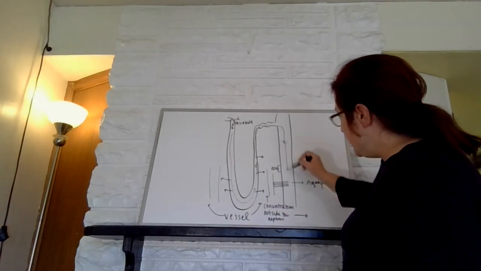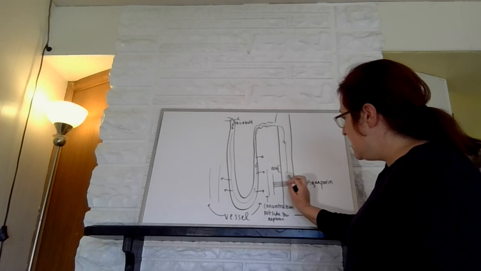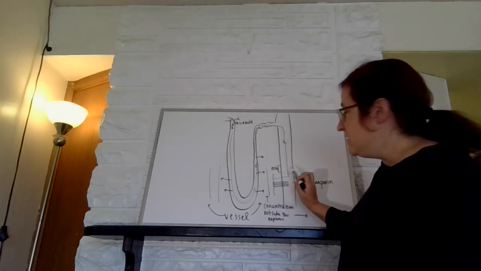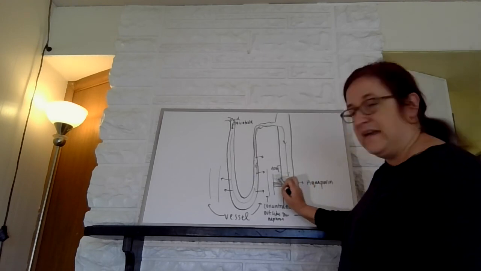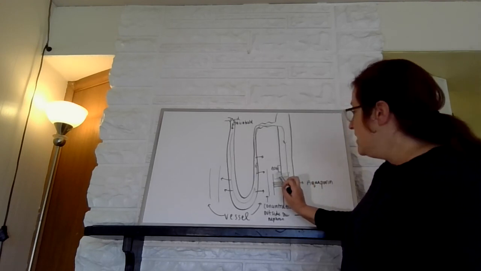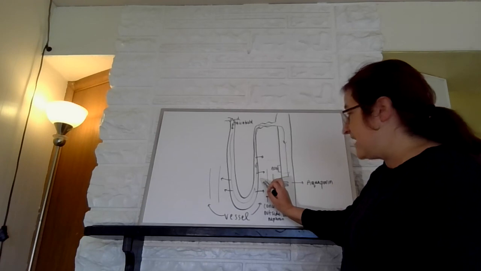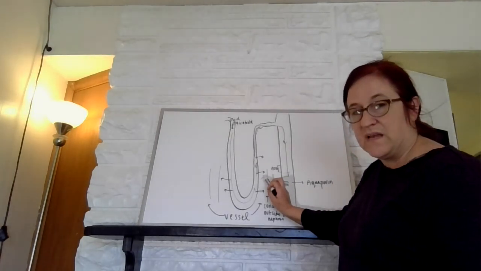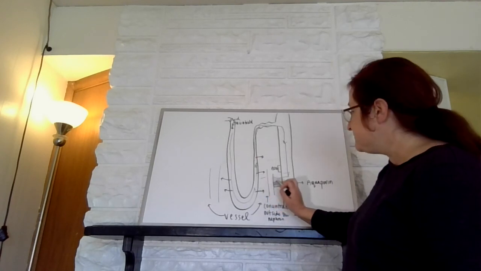So down this way, there will be a pressure difference between the collecting duct and the interstitial fluid next to this nephron, where the solutes are being reabsorbed.